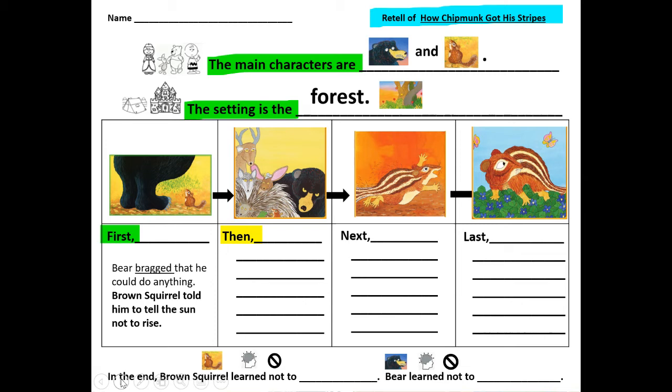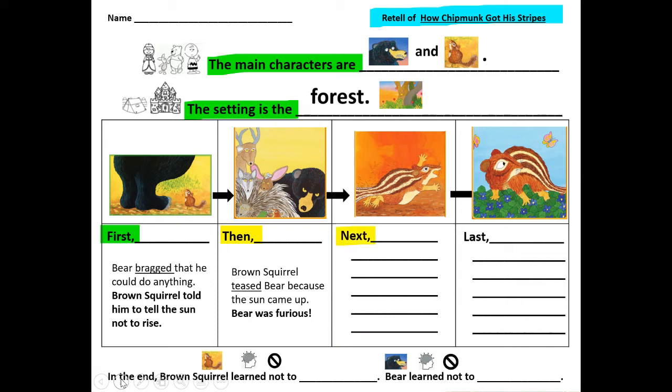Why is Bear angry in this picture? Then Brown Squirrel teased Bear because the sun came up. Bear was furious.